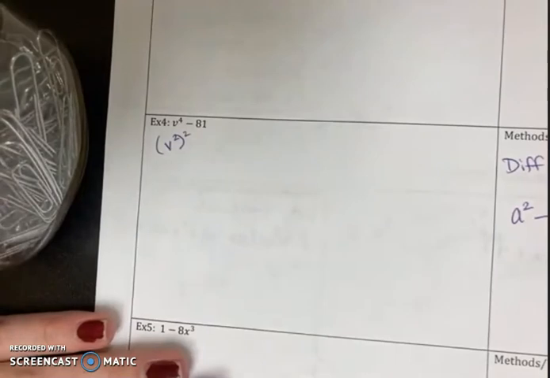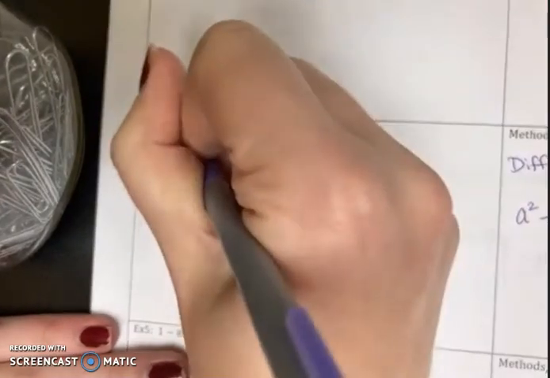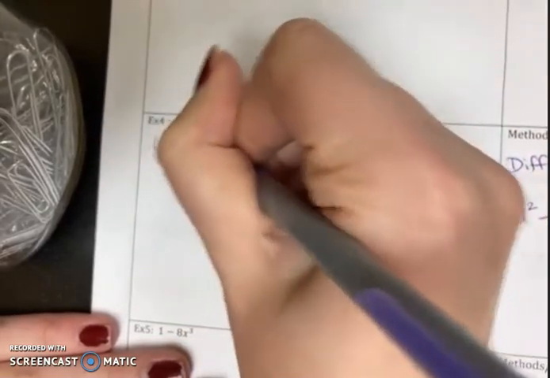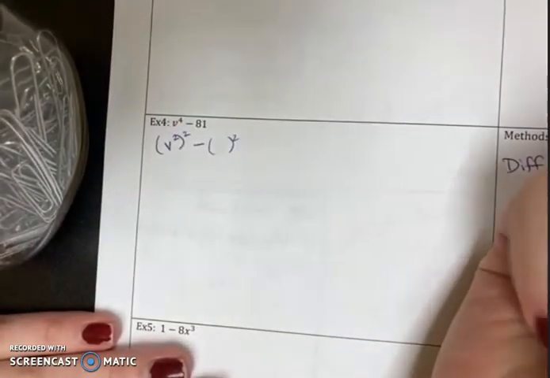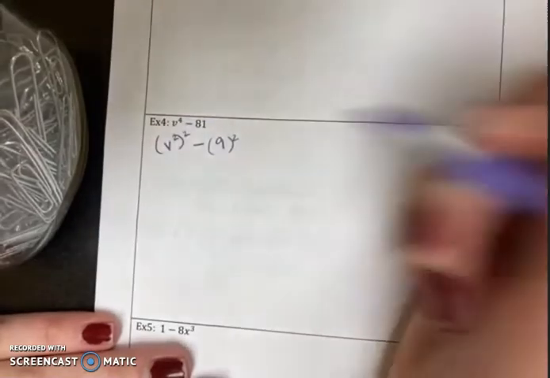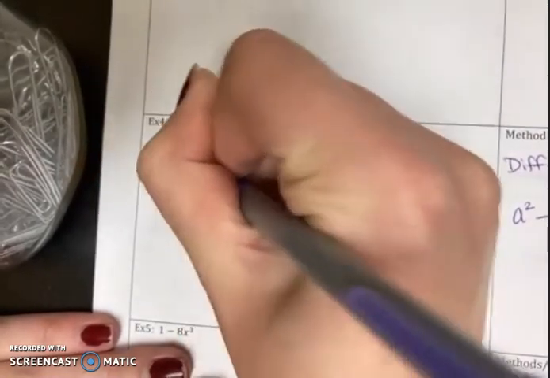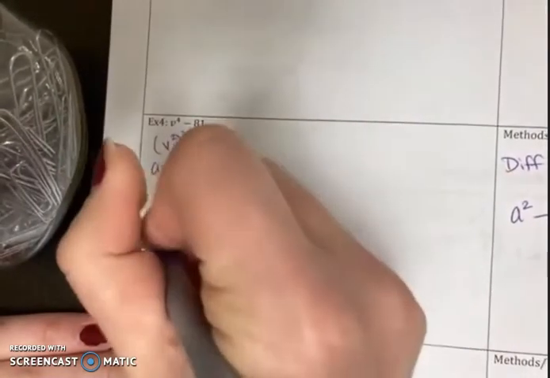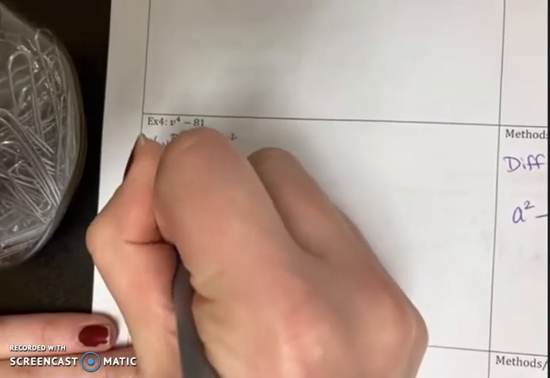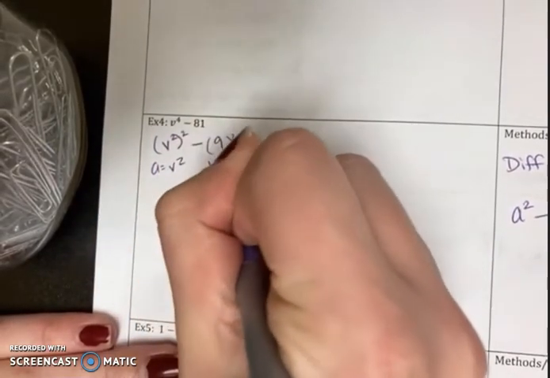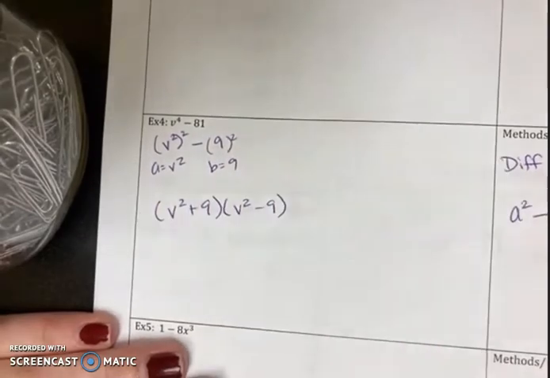This was a property of exponents that you would have learned in Algebra 1. Minus, if you ask yourself what squared would give me 81, well, the answer is 9. So a is v squared, b is 9. I would rewrite it as v squared plus 9 and v squared minus 9.